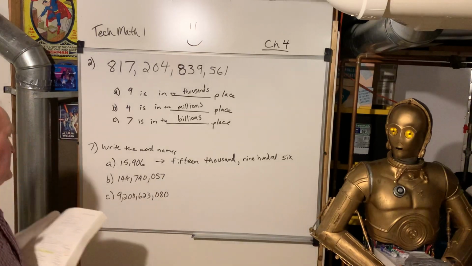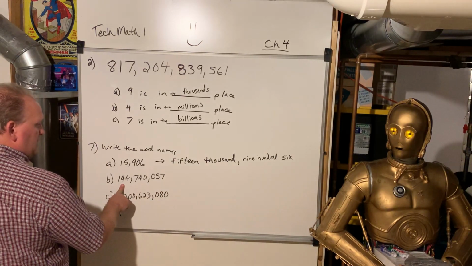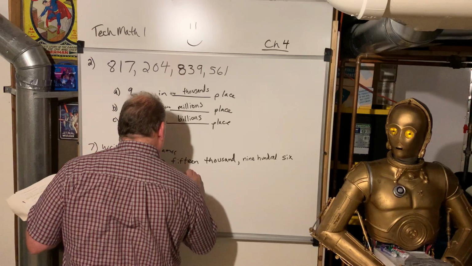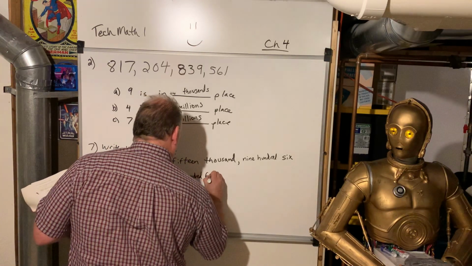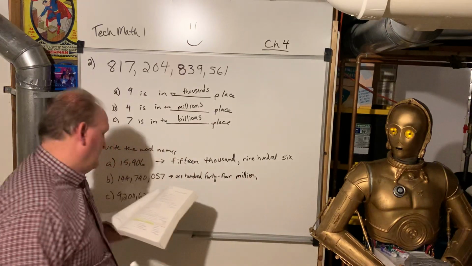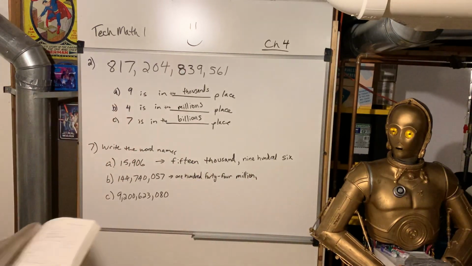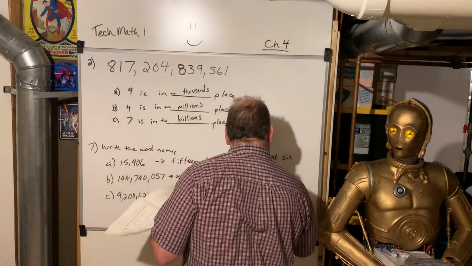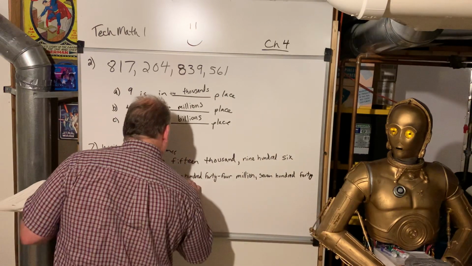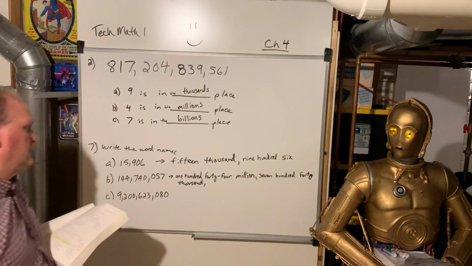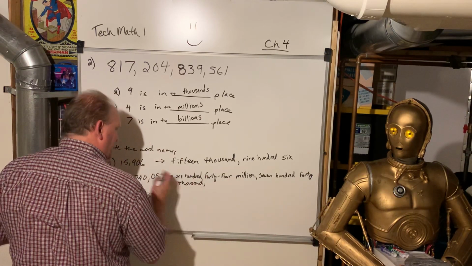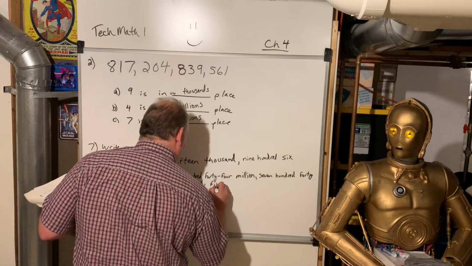All right. Let's look at this one. What would this one be? Well, that would be 144 million, comma, then 740,000, comma, and then just 57, no and, just comma, and then I'll write 57.